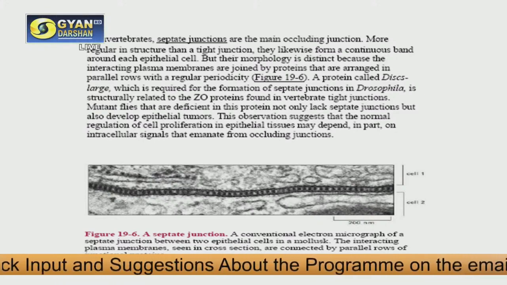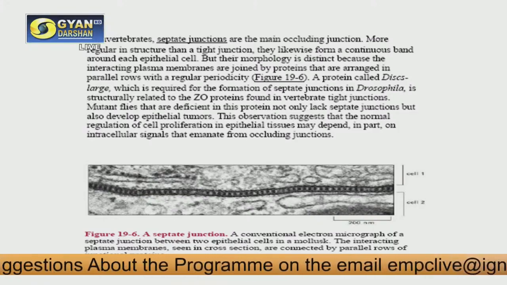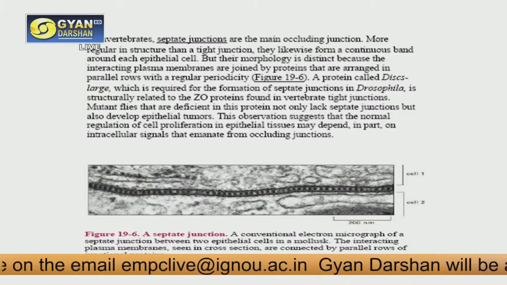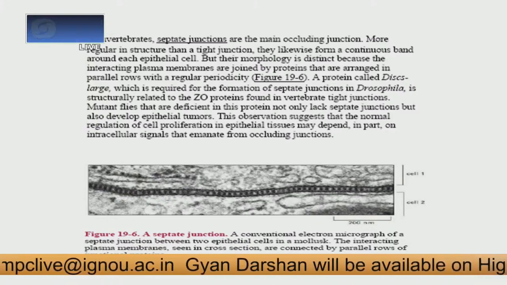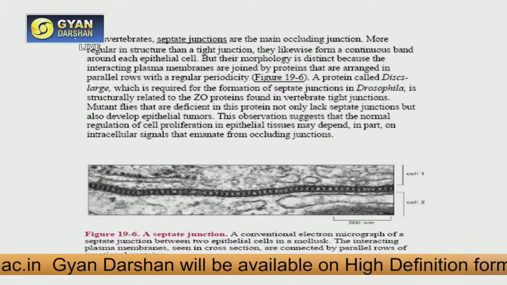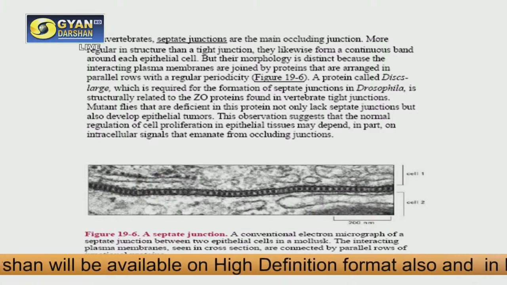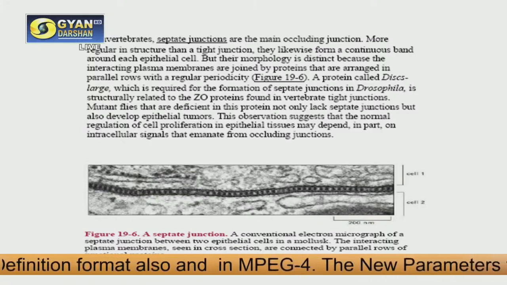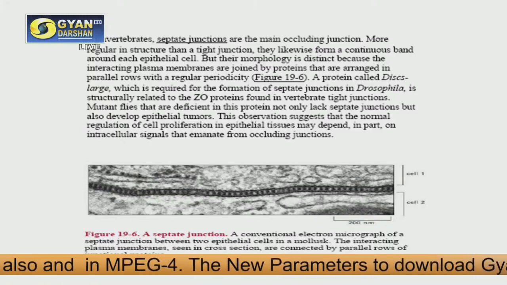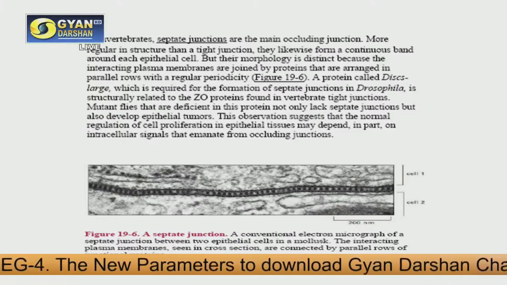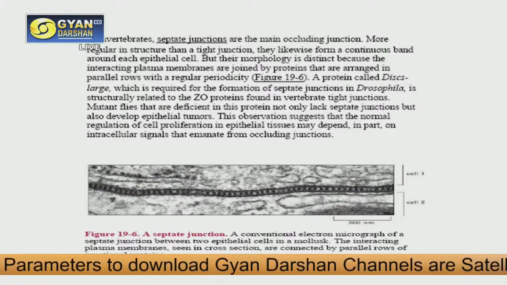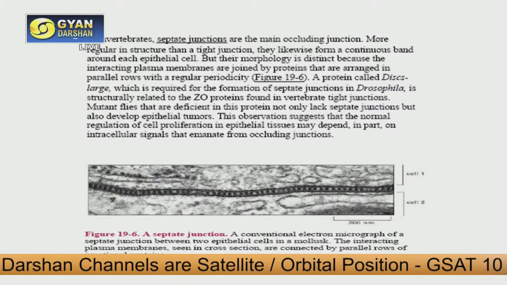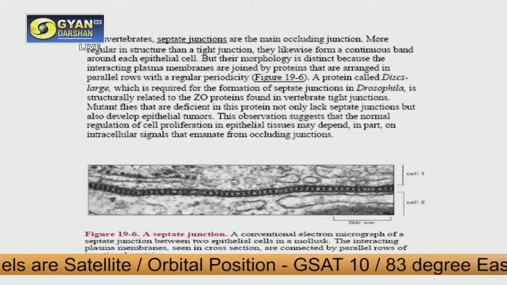The morphology is very peculiar or distinct, because here, as you can see in the figure, it is a continuous band-like structure, a sort of ribbon-like structure, and the proteins are arranged in parallel rows with a regular periodicity. So the morphology is not like you find in vertebrates.